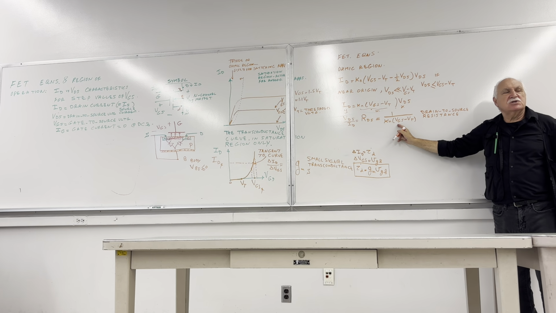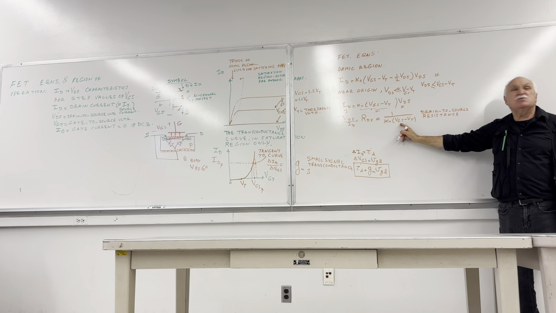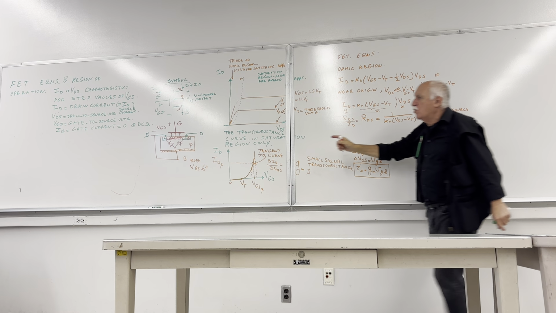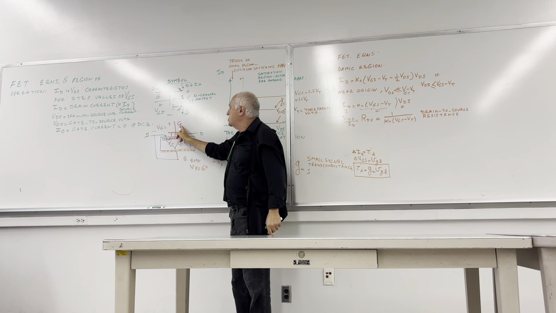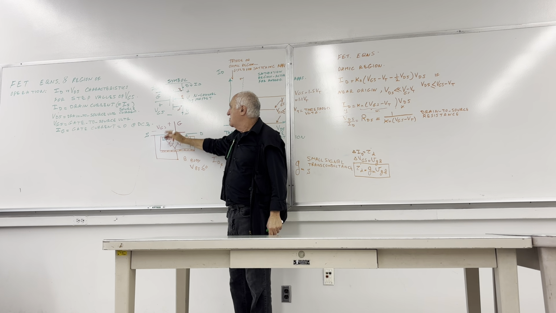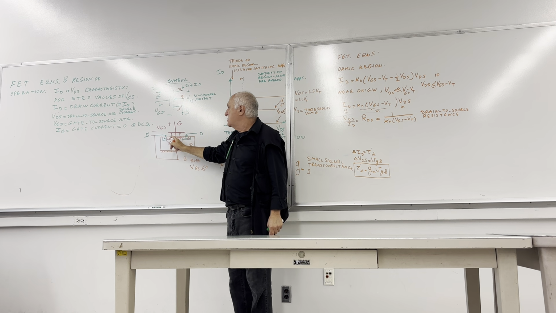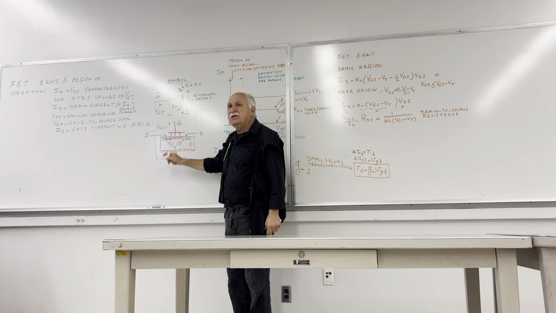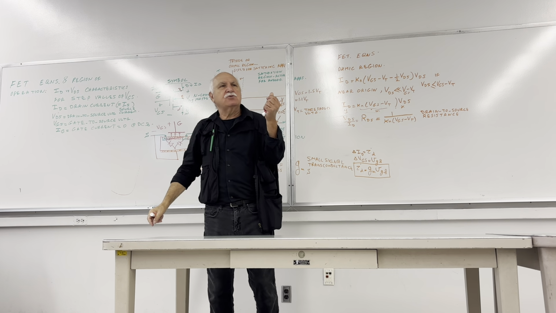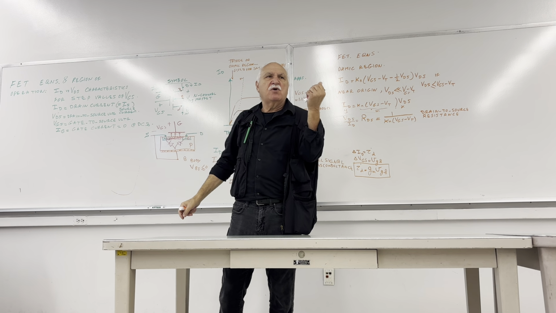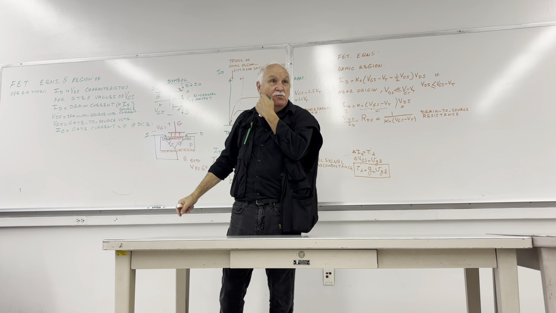When VGS acquires its maximum value, there's a limit to the VGS, because the more voltage you put on the gate with respect to the substrate, you build a stronger electric field underneath the plate. Remember, the plate is separated from the body by only a few micrometers, like 2-3 micrometers, maybe 5 micrometers, nothing more than that.